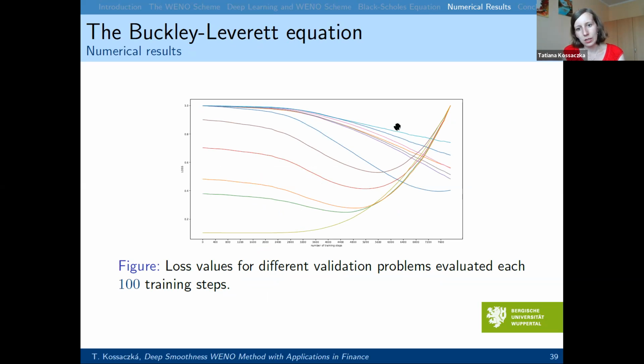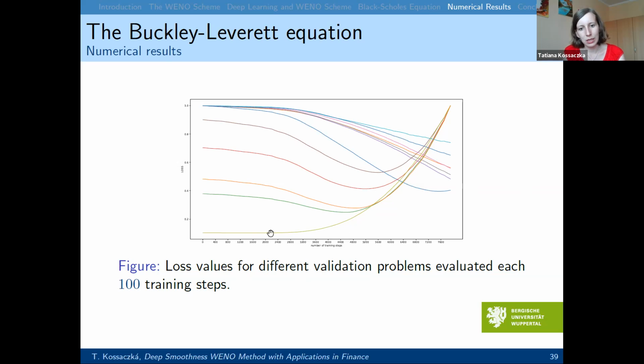You can see it's similar to the one of hyperbolic conservation laws, but here could be one optimum, and maybe another is here and another one somewhere here. And if we would zoom in on this area, we would see that there is a small decrease in this area, but then it starts to increase rapidly.